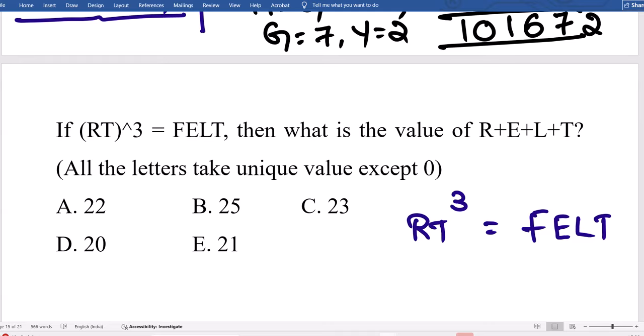This is now in terms of power, or we can say multiplication RT into RT into RT. Result is felt. Yes. RT power 3 is equal to FELT felt.